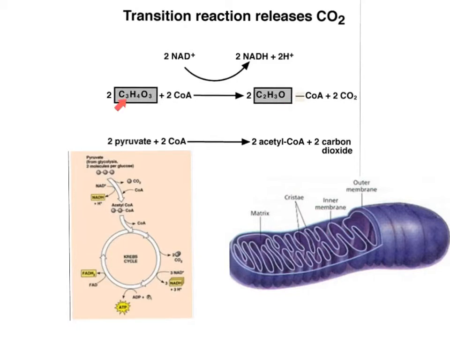So we have gone from 2 3-carbon pyruvic acids with the help of a coenzyme A. We have a release of 2 carbons, one from each pyruvic acid, that joins with the oxygen that we breathe in, resulting in 2 2-carbon compounds, and these being acetyl.